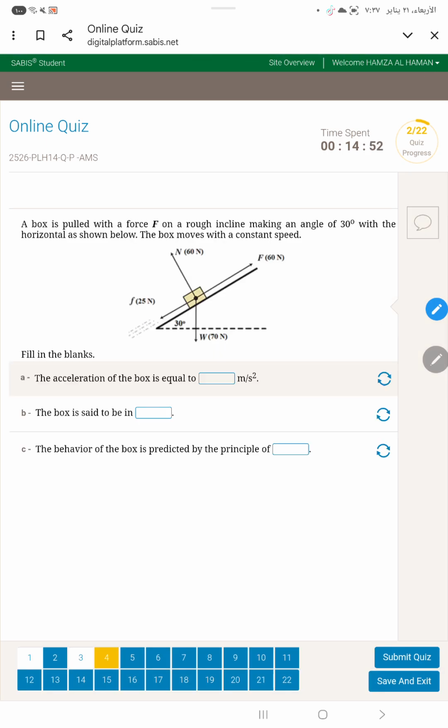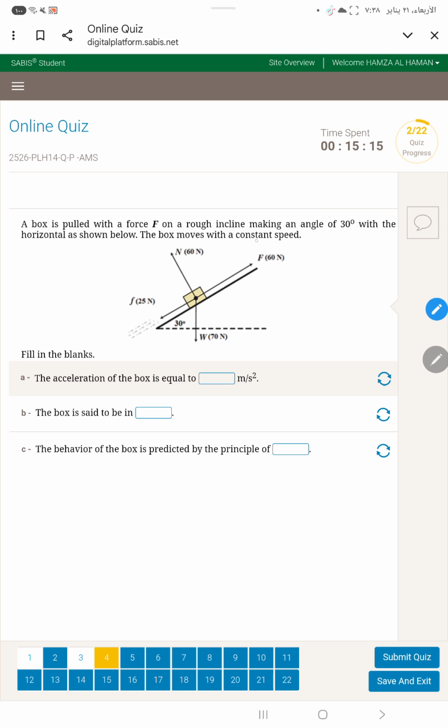A box is pulled with a force F on a rough incline making an angle 30 with the horizontal as shown below. The box moves with a constant speed. Fill in the blanks. The acceleration of the box is equal to what? Since it says constant speed, this means the acceleration is 0.